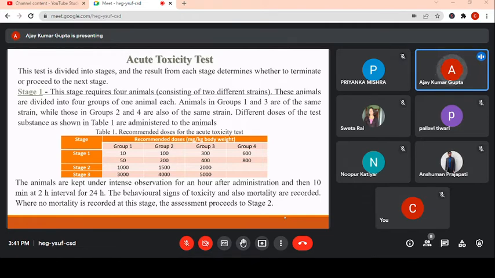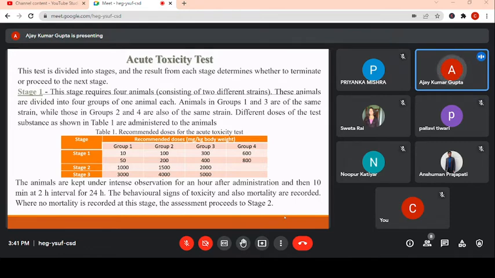Different doses of the test substance, as shown in this table, are administered to the animals. It is started from the lower dose, so that we can proceed to stage 2, consisting of a variety of doses. The animals are kept under intense observation for an hour after administration of the test substance, and then for 10 minutes at intervals of 2 hours for a period of 24 hours.